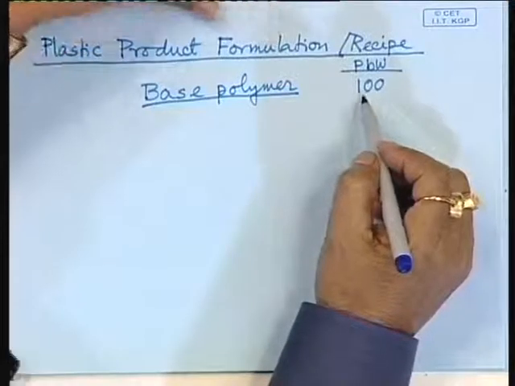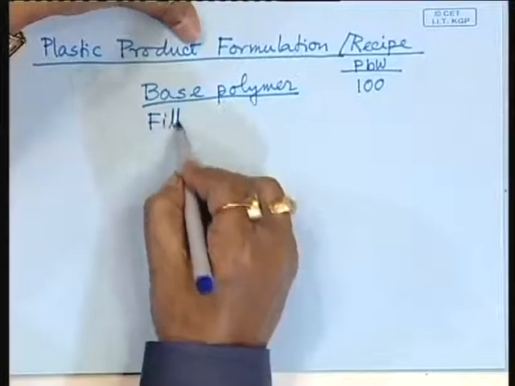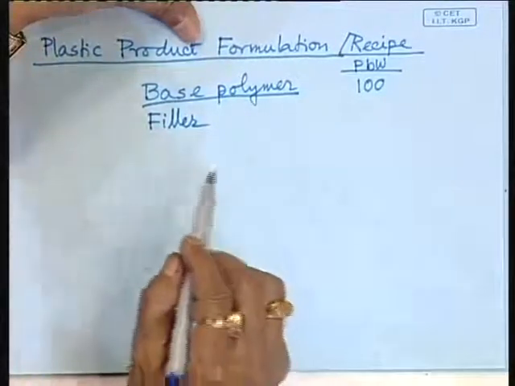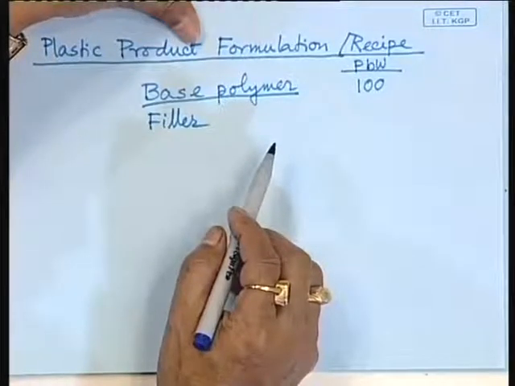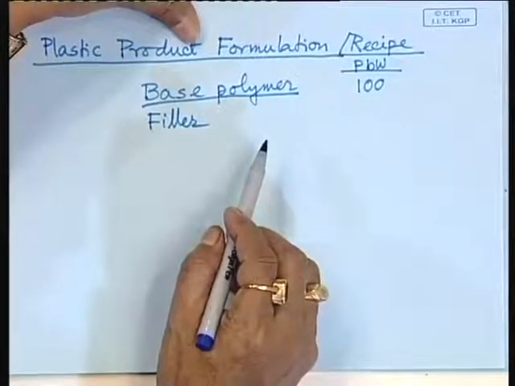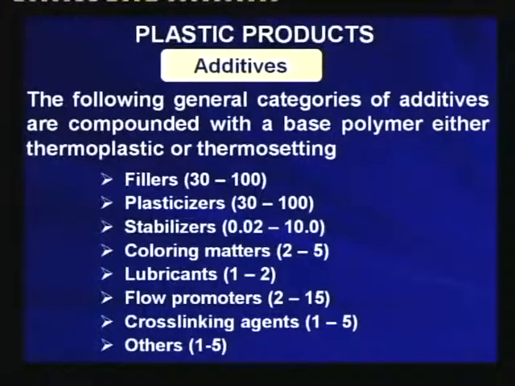Then corresponding to that base polymer, what is the amount of filler? That again depends on the type of products we are going to make. Here on this screen, you see there is a range of amount shown, 30 to 100.